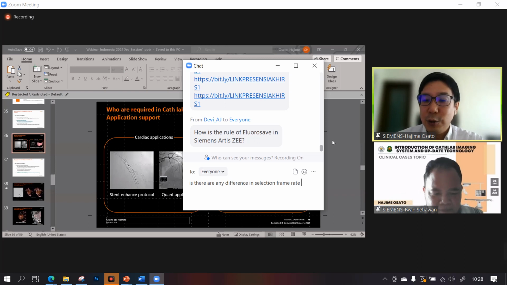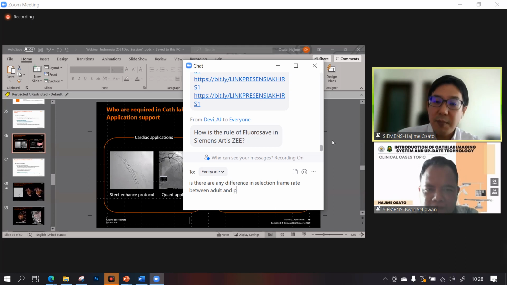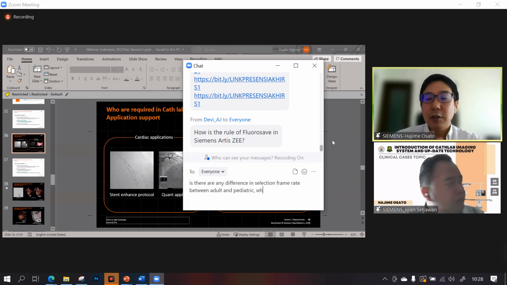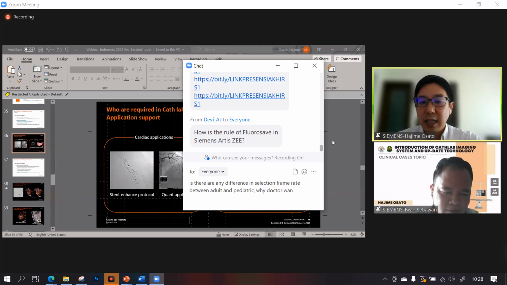But the general rule is the maximum is 124 frames. And we only store the previous fluoros. We couldn't get 2 previous fluoro and 3 and something. So this is immediately fluoroscopy only.